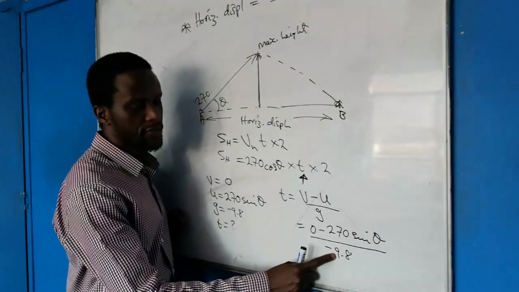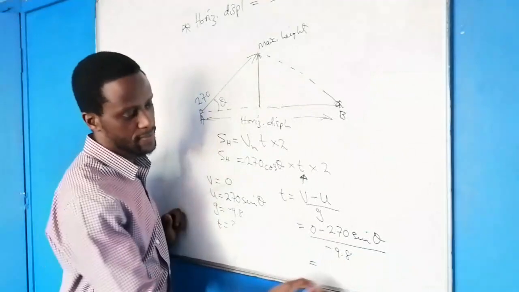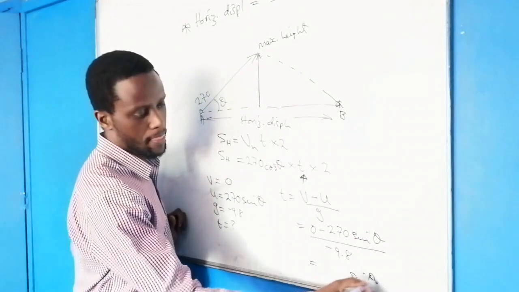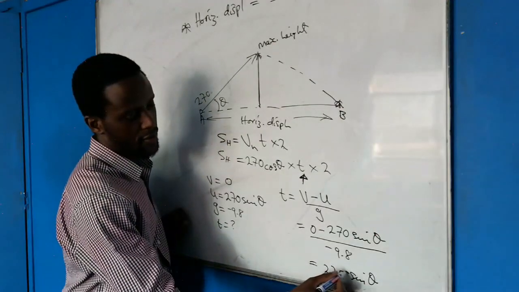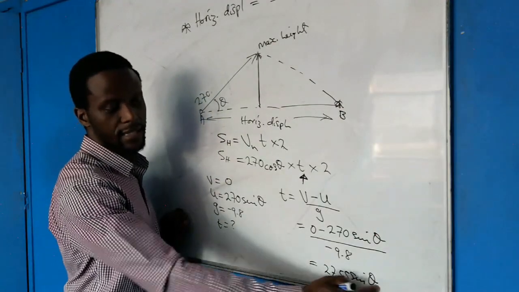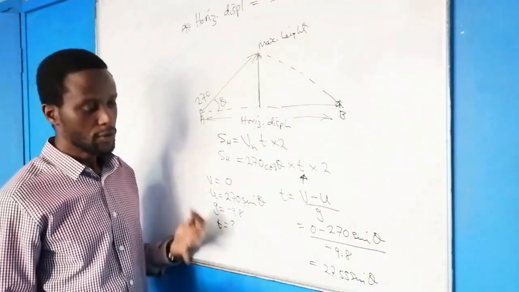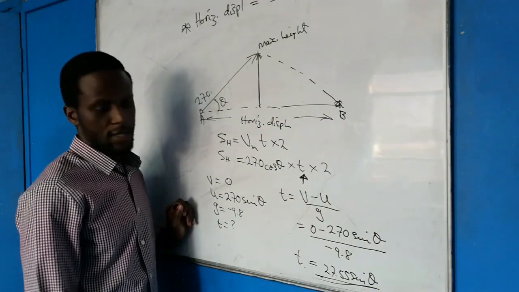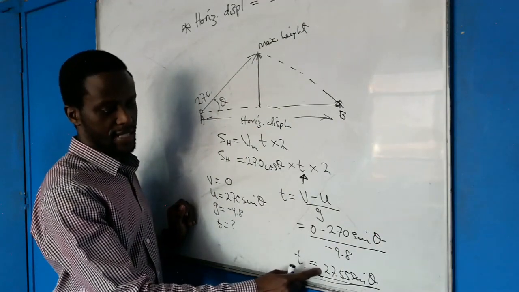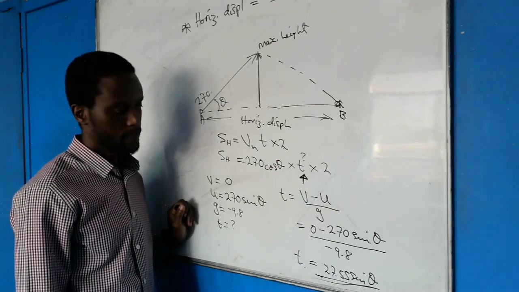So negative 9.8 into negative 270 gives you 27.55 sine theta. Because we don't know theta, you treat it like x. You don't know what it is, so you keep it there. But this is our time, so we can substitute it there.